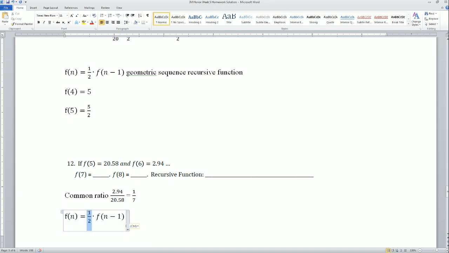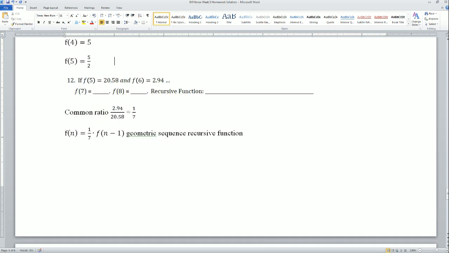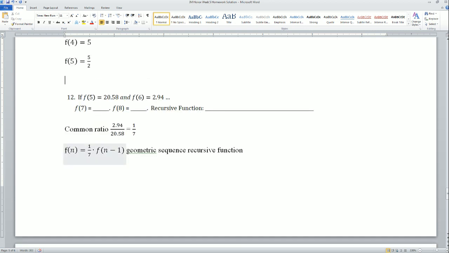There you go. This is the geometric sequence for the recursive function. What are you plugging in here for r? It's 1 over 7. So put in 1 over 7 here. Alright. Let's find the 7th term.